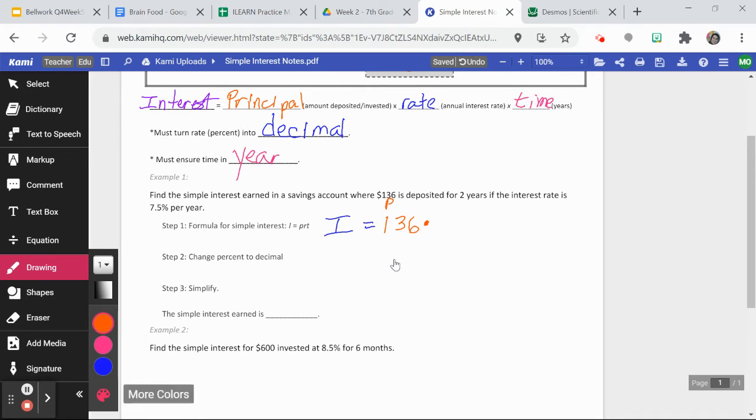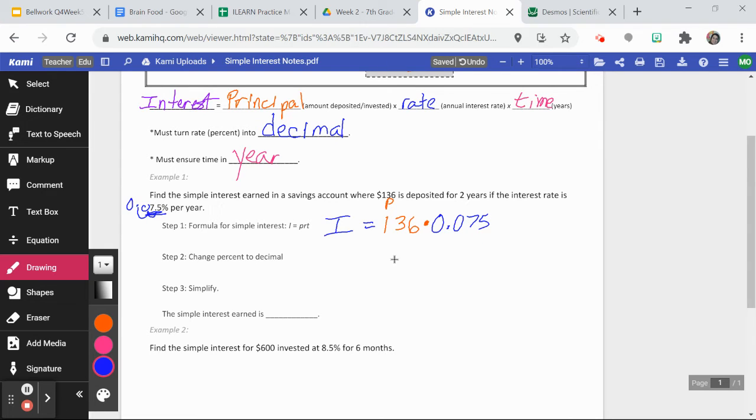You can either use parentheses or the dot for multiplication. Then our rate, we have to turn that into a decimal. Remember doing that the other week? We have to turn it into a decimal.